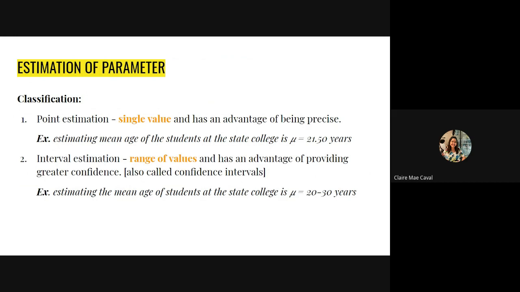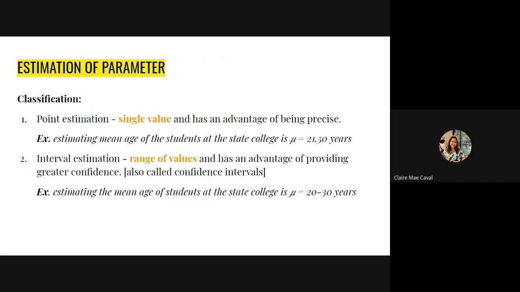So interval estimation provides a greater advantage to your level of confidence, that's why it's also called confidence intervals. An example of interval estimation is estimating that the mean age of students at the state college, the population mean, is equal to 20 to 30 years. Again, the point estimate is a single value, direct to the point, 21.50 years. The interval estimation is a range of values, and it's also called confidence intervals.